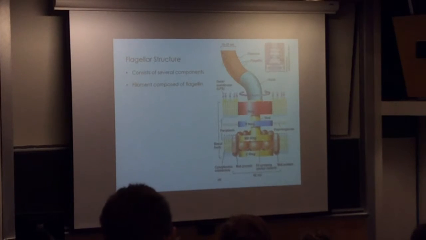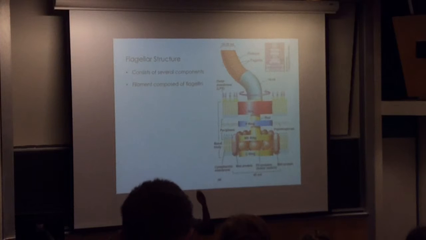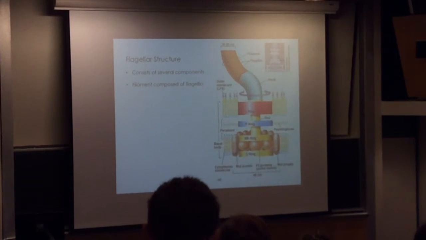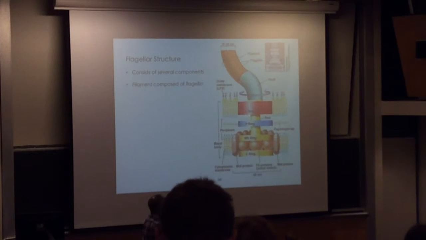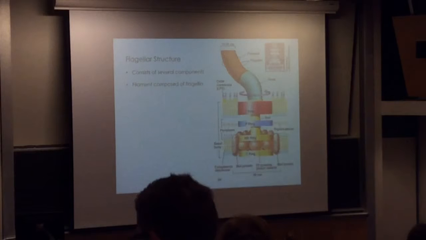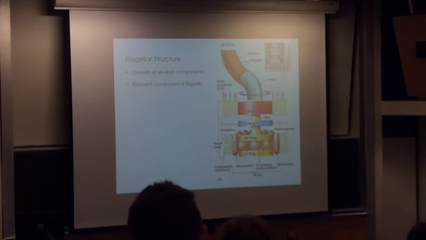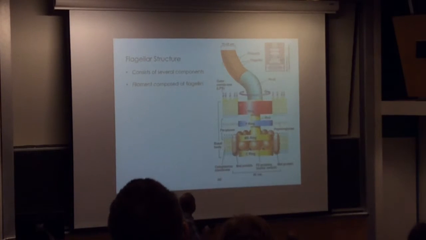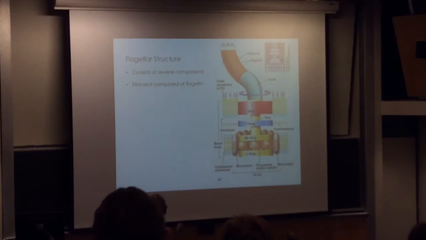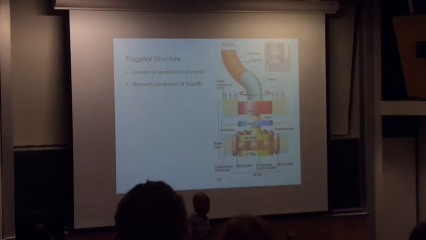There are four rings that attach the flagellum to different layers of the cell. There's the L ring, attached to the outer membrane, and from the name you can figure out it's associated with LPS on the outer membrane.